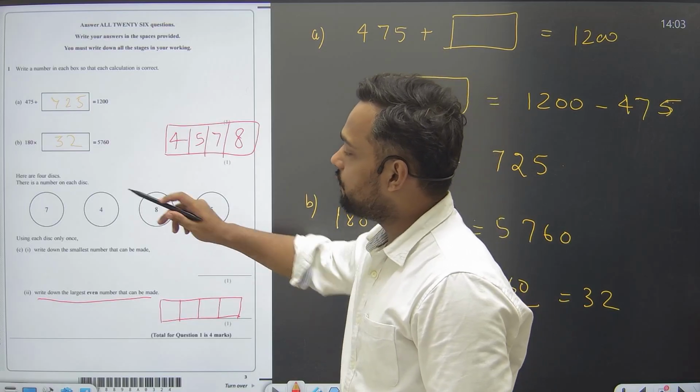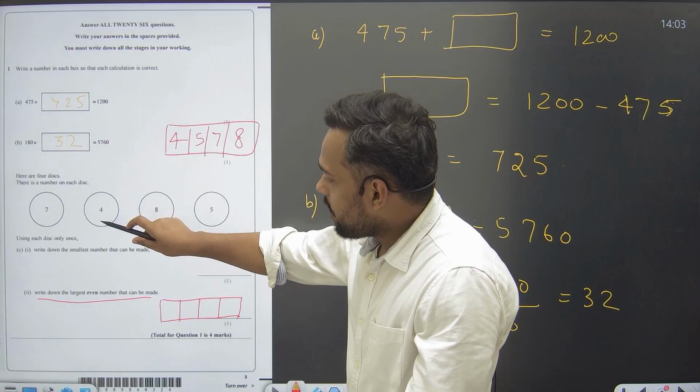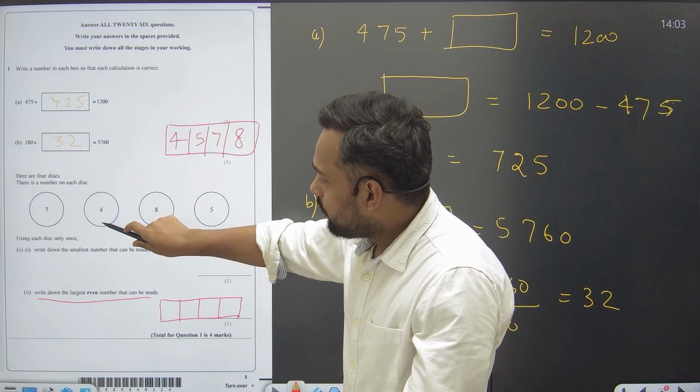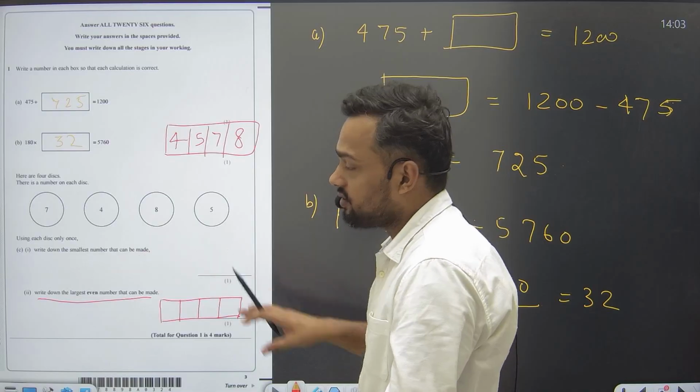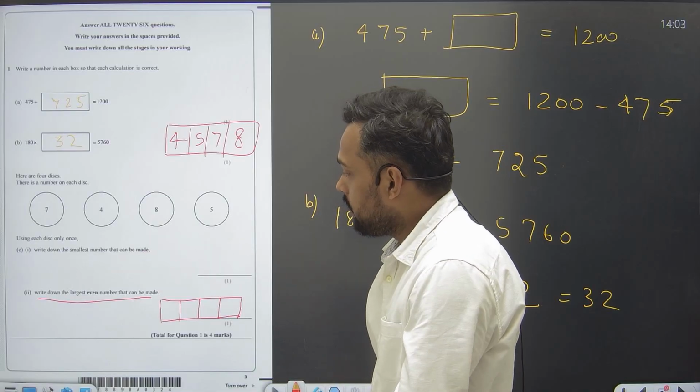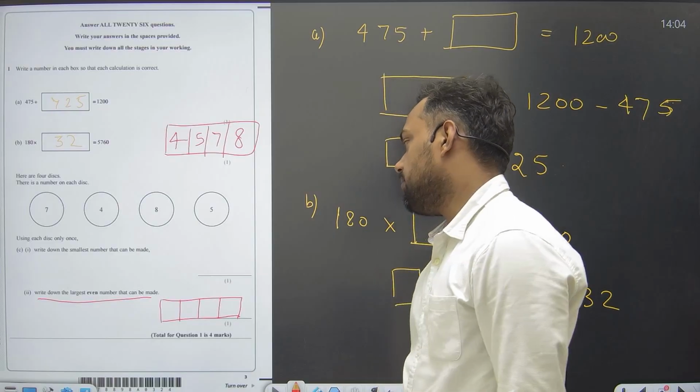Why have I taken 4 and 8? Because 4 and 8 are the only even numbers in the given discs. In the question they have asked, write down the largest even number that can be made.